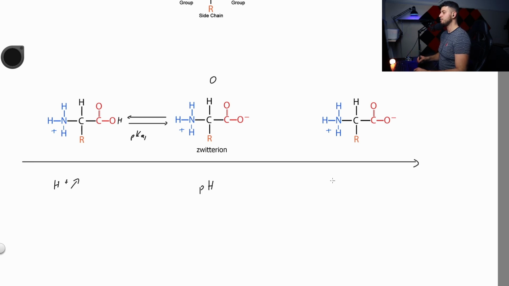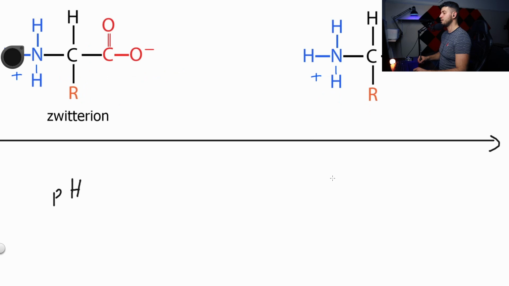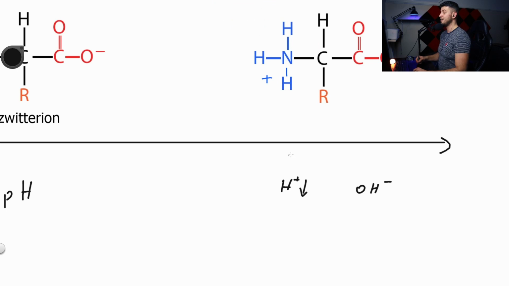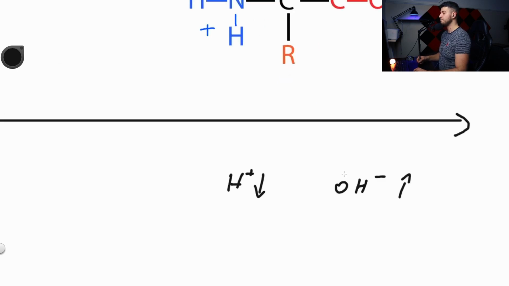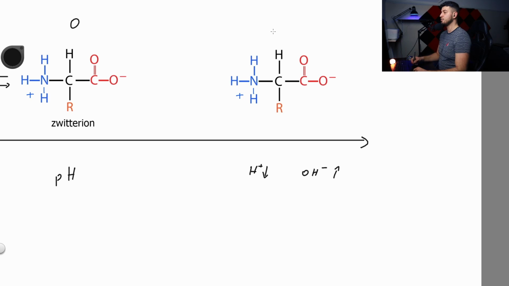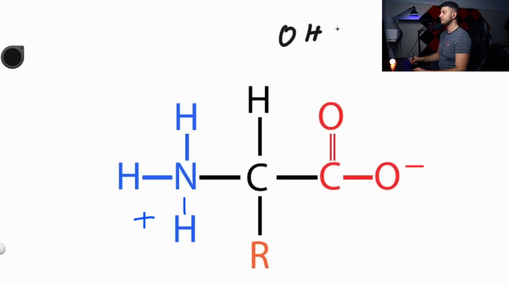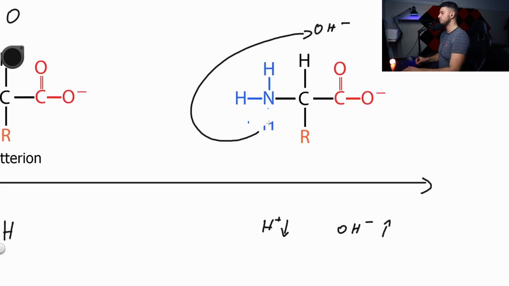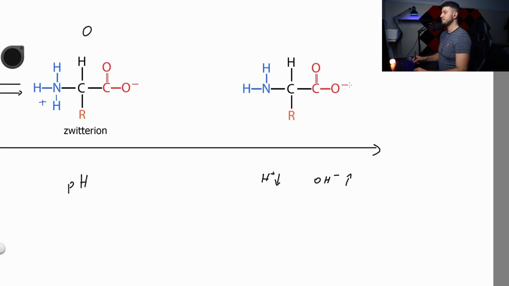So what happens if you have higher pH? Higher pH means basically that our H pluses are lower, right? You can also think that OHs are high. So H pluses are low, OHs are high. What happens? Because there are a lot of OHs in the environment, this H plus from the nitrogen will be taken away, for example to this OH, forming water, or in any way it will be just out of this amino acid. So as a result, we'll remove this hydrogen from here, and our ion has a negative charge in here.